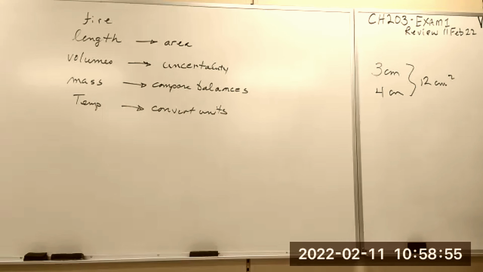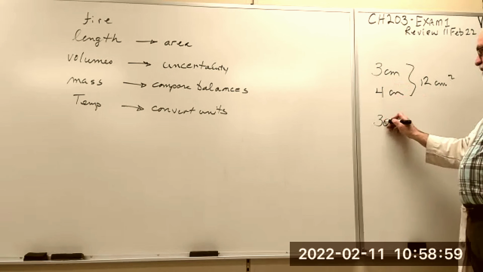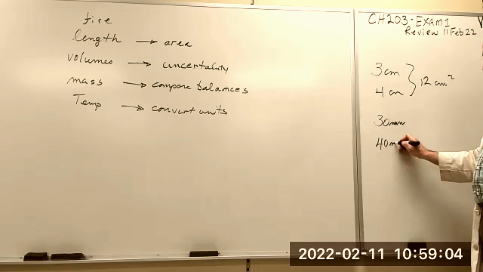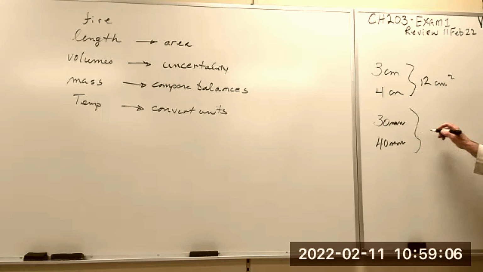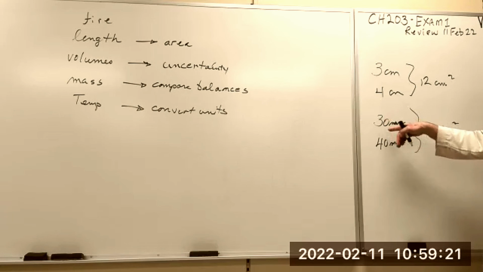You have 2 options. You can say 3 centimeters is 30 millimeters, and 4 centimeters is 40 millimeters. So multiply them together, what do you get? 1,200 square millimeters. Isn't that right? 3 times 4 is 12, and then 10 times 10 is 100.